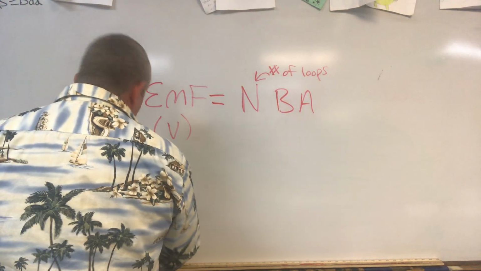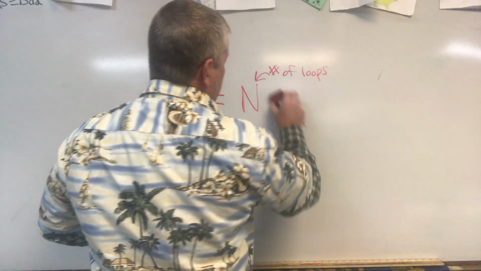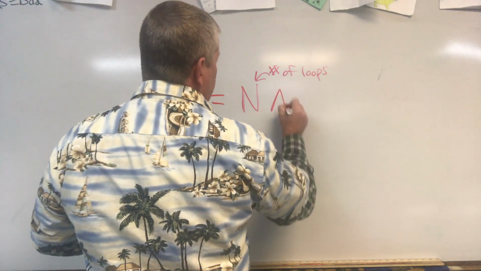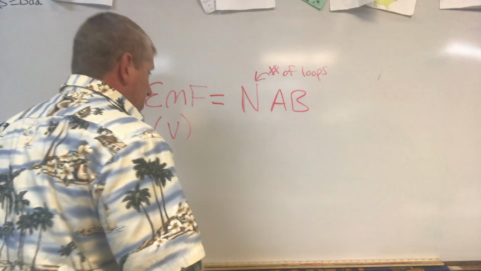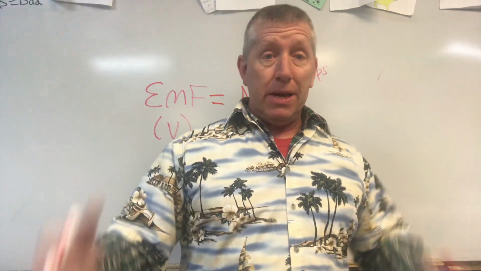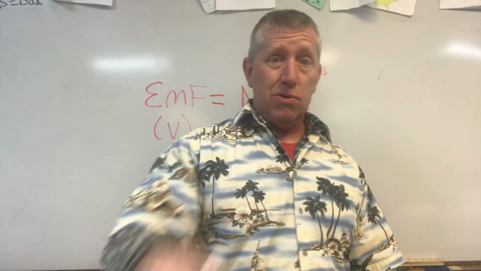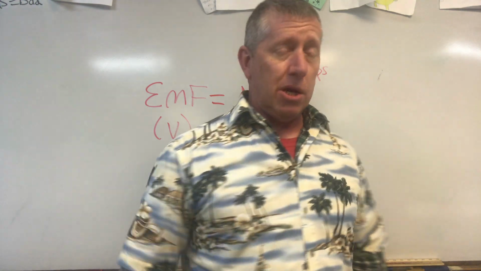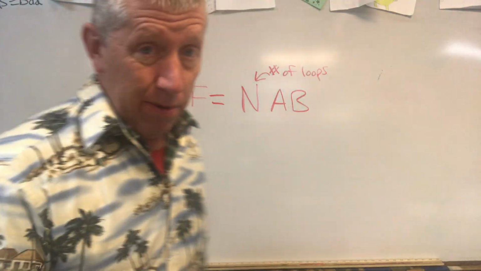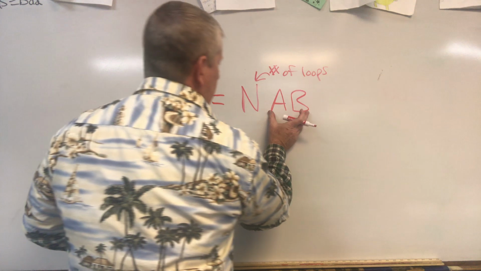I like to tell students, I rearrange these. They're all being multiplied, so it doesn't matter, and it's easy to remember: NAB. You got nabbed, okay? That's easy to remember, NAB. And so there's your flux.